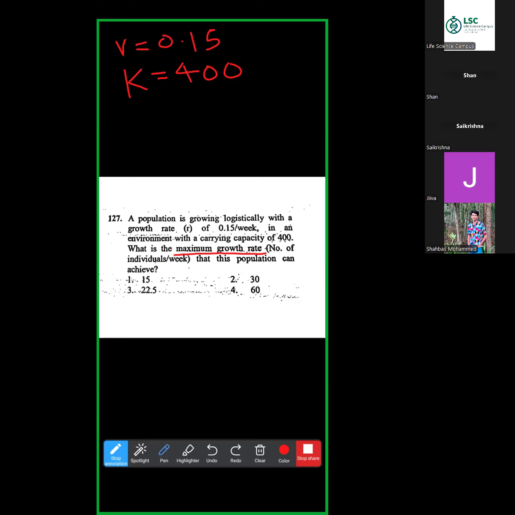I have already told you that maximum population growth will be exhibited at half the carrying capacity. So in this question, we have to find the growth rate, that is dN by dt or delta N by delta t. For logistic growth, the equation is delta N by delta t is equal to RN into (K minus N) by K.